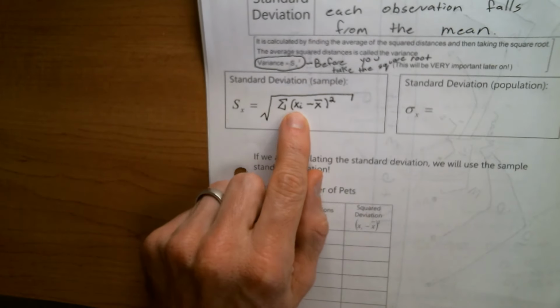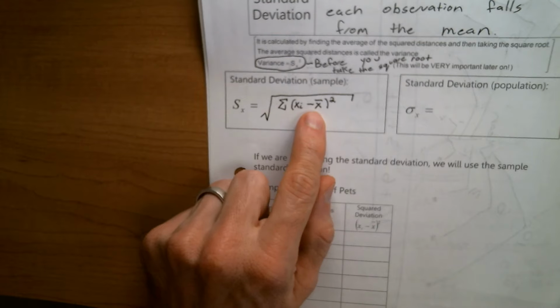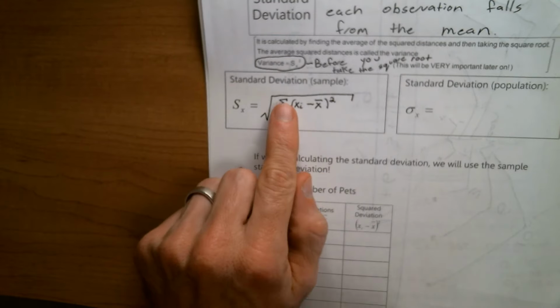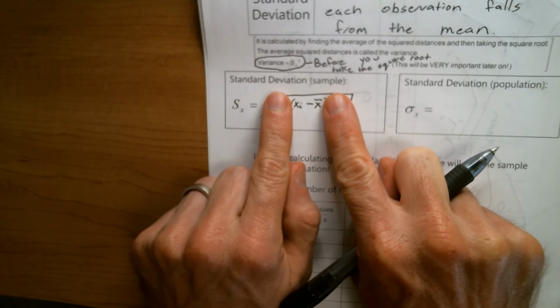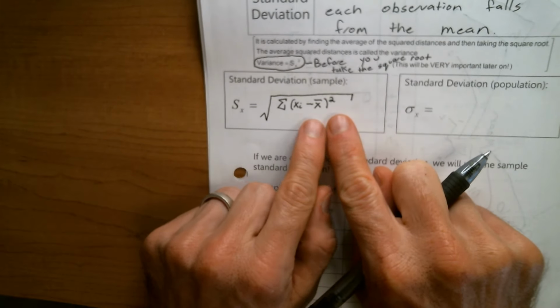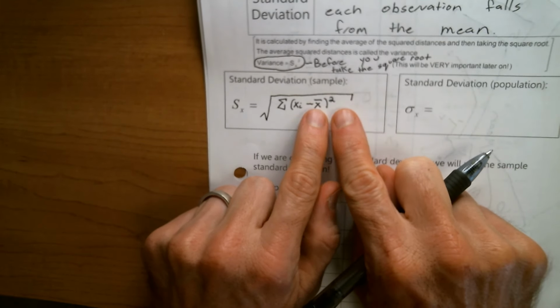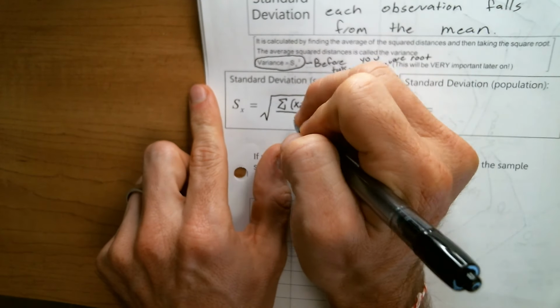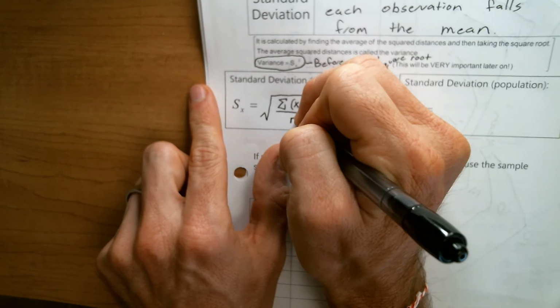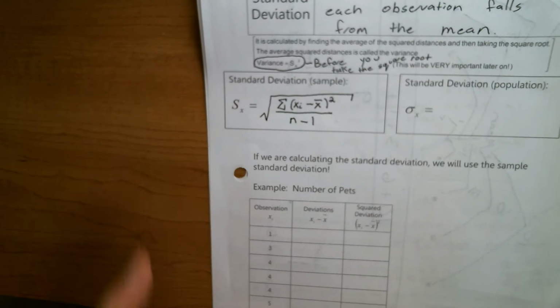X sub i is just your observation, so that's your data point. X bar is your average. We're subtracting these to figure out how far they are from the mean, but that's going to give us positive and negative numbers, so we're squaring that to get rid of the positive and negative numbers. And then we're not actually going to divide by n, we're going to divide by n minus 1.